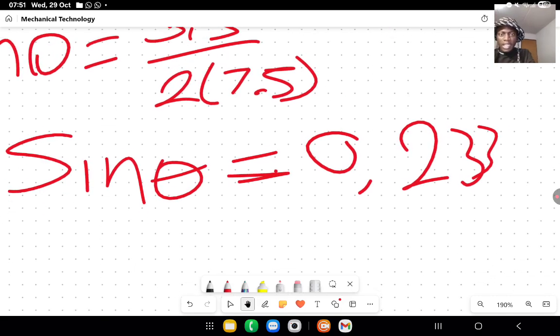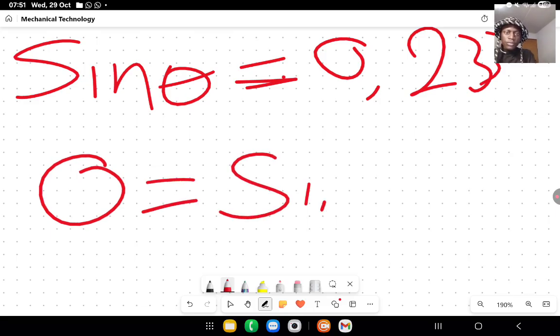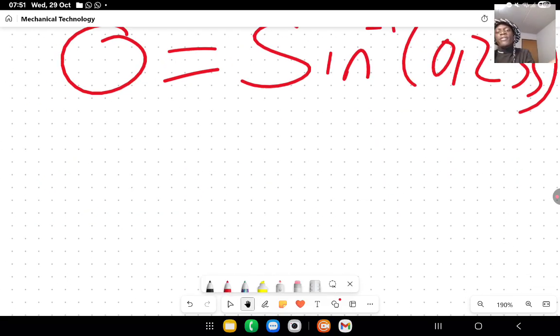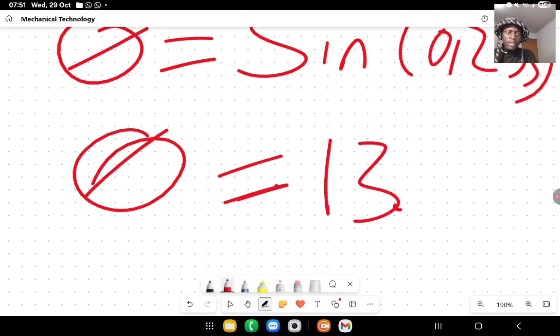Because we need an angle, we take the inverse sine of 0.2334. Therefore, we get our theta, which is 13.5 degrees.